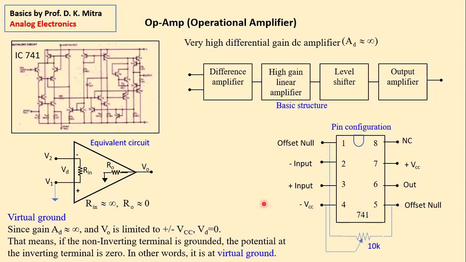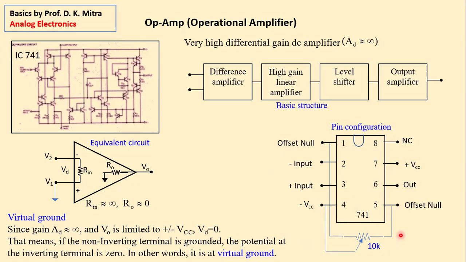Now, this is the configuration of the old type 741, which came into the market sometime in the middle of the 1960s. That means about 60 years ago. But in these last 60 years, there have been many improvements and developments in integrated circuitry.